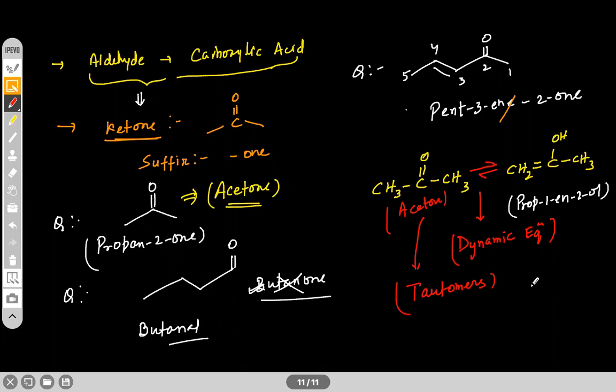Suppose we have a bottle, and in this we have taken pure acetone. My drawing is not that good, I'm just trying to do my best. So you can laugh if you want.